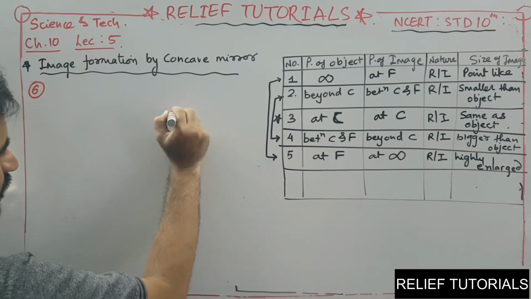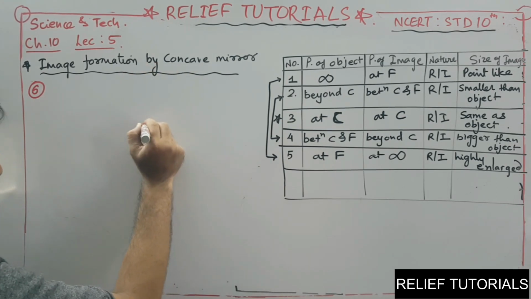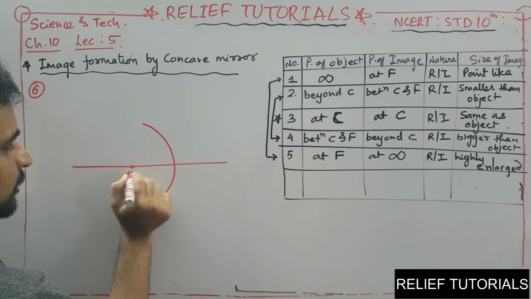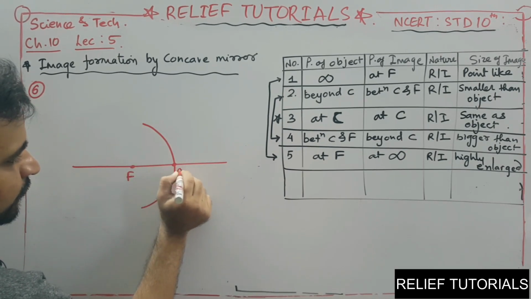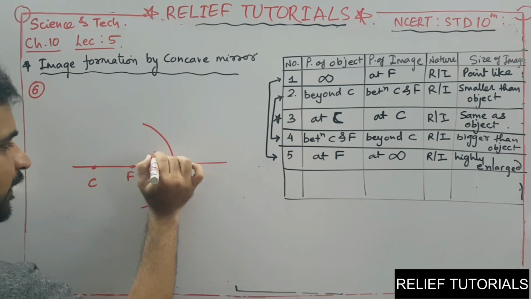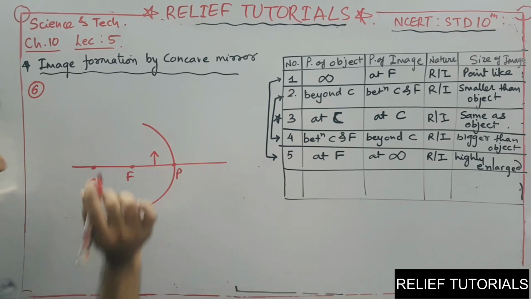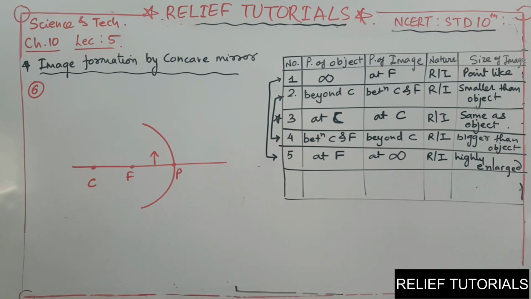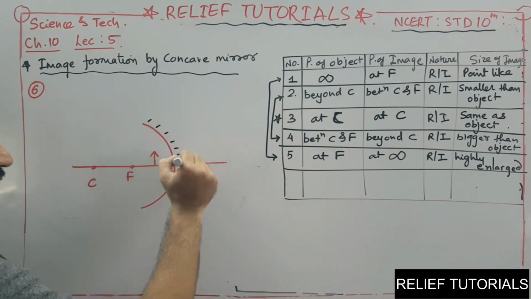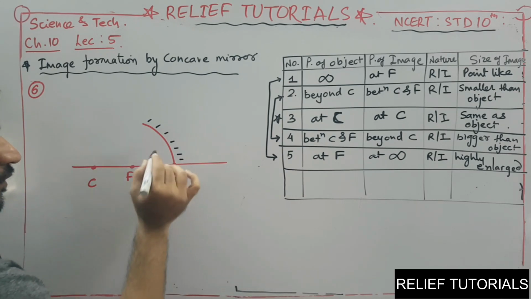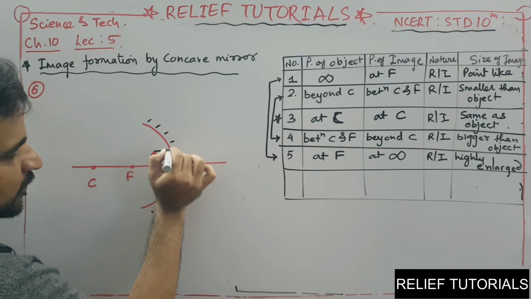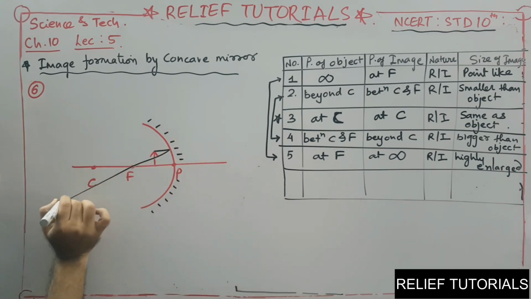Let us place the object between F and P. This is the object. Let us say this is a concave mirror. Let us incident the first ray parallel to the principal axis and it will reflect through F.